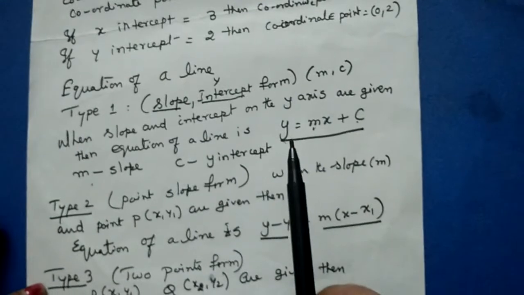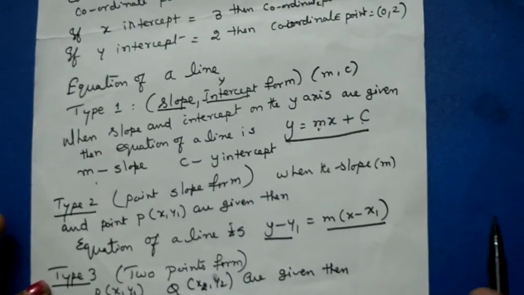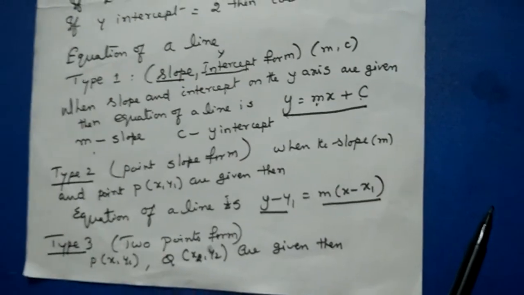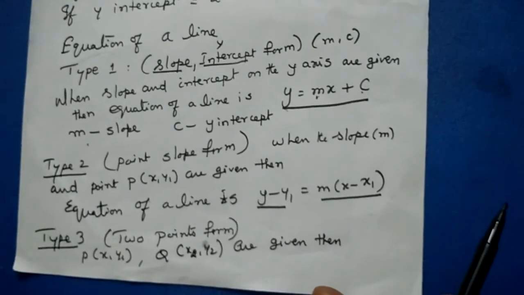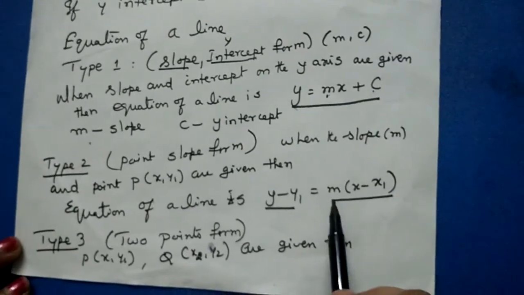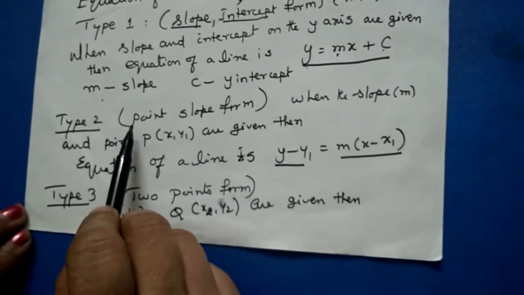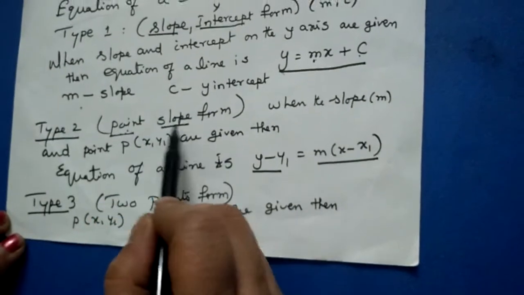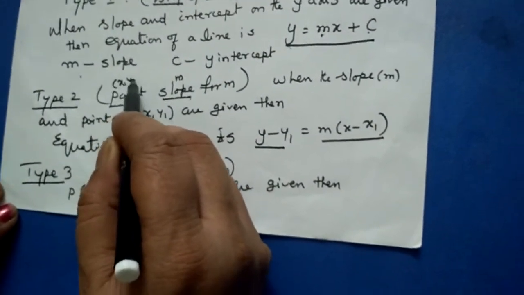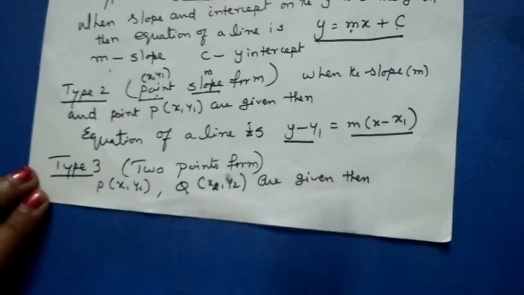Here also in this place of m, if they are giving theta, you have to find tan theta immediately. If it is in the anti-clockwise direction, it is positive tan theta, otherwise in the clockwise direction, tan of minus theta is equal to minus tan theta, which is the slope. Here this is called the point slope form. One point and slope. Slope is represented by m and the point is represented by x1, y1, then the equation.